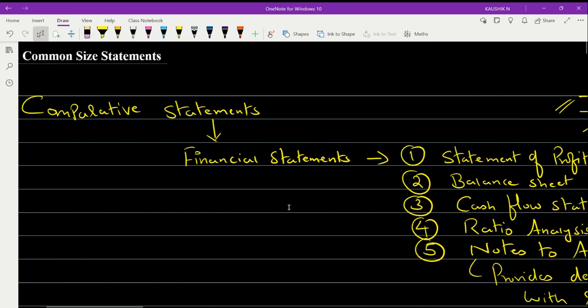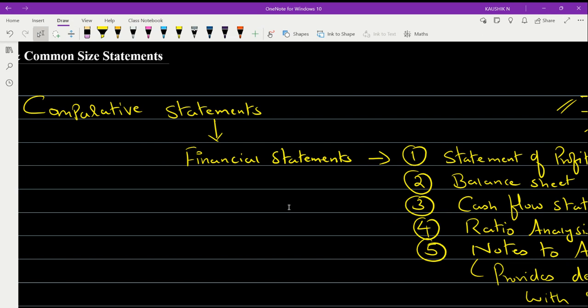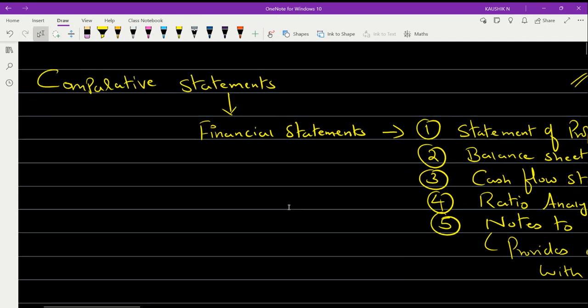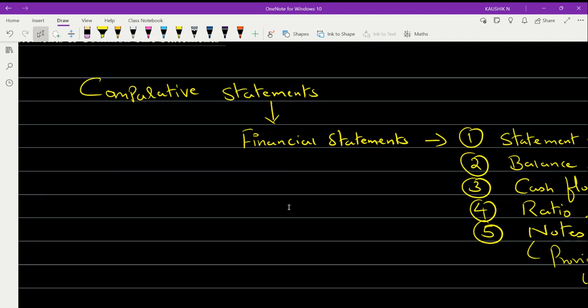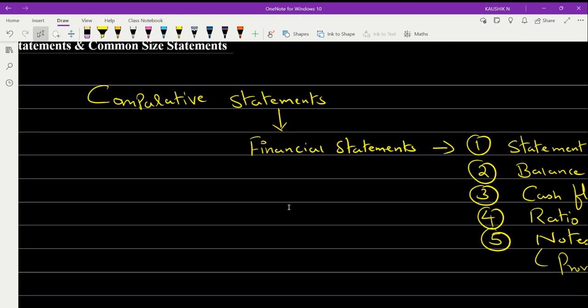So this is, to put in a nutshell, the entire concept of the financial statements. Now we are going to take two items out of these five items for comparative study. We are going to do the comparative statement on these financial statements, but not on all five.